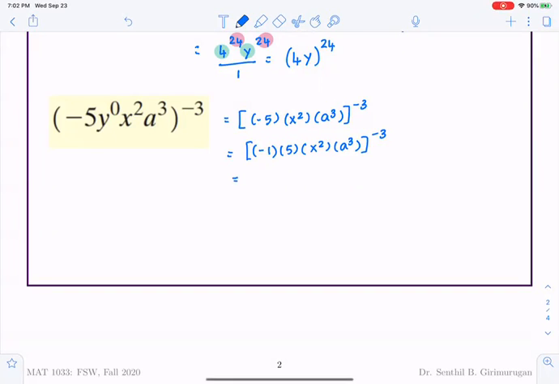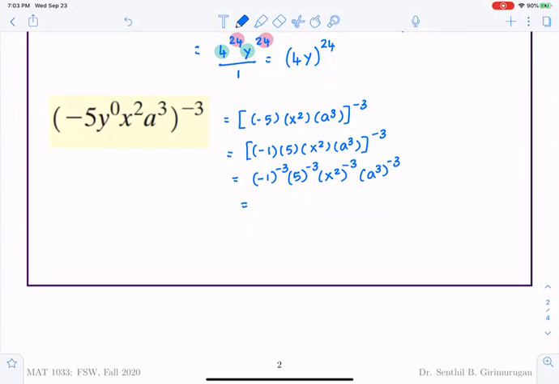So -1 raised -3, 5 raised negative 3, x squared raised negative 3, a raised 3 raised negative 3. We mentioned that negative 1 raised to an odd power is going to be negative.